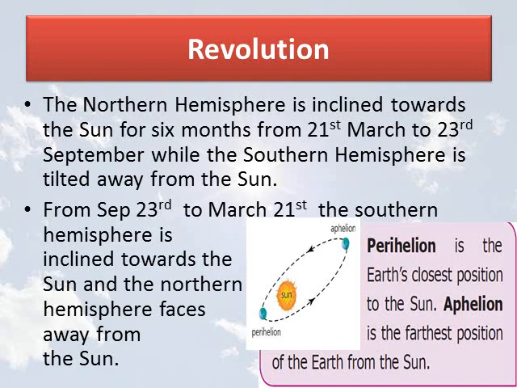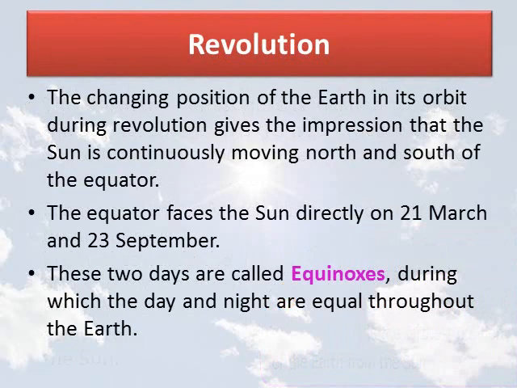Perihelion is the Earth's closest position to the sun and aphelion is the farthest position of the Earth from the sun. Since the Earth orbits around the sun in an elliptical path, this phenomenon occurs.